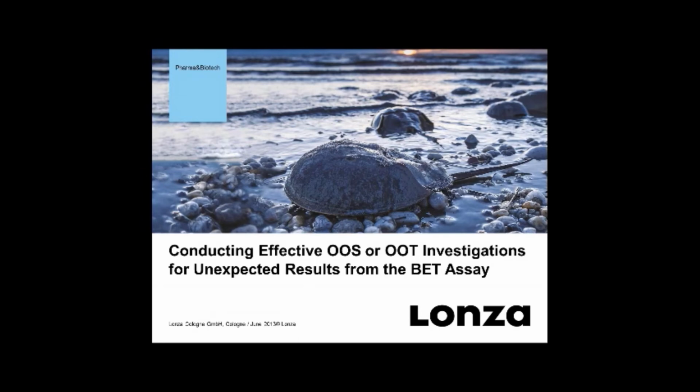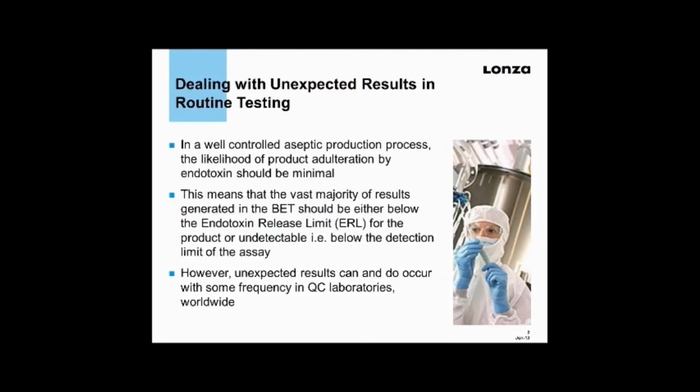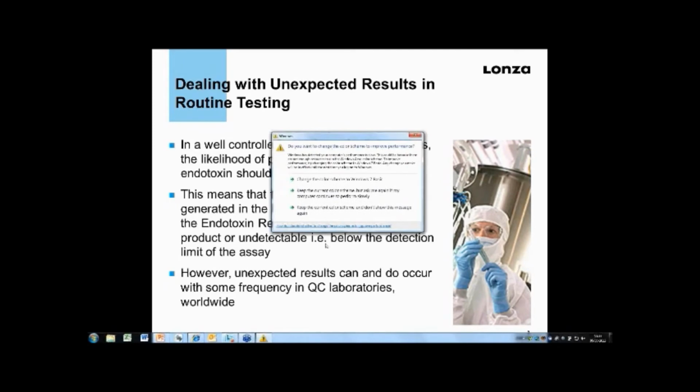Of course, in a well-controlled aseptic production process, it's not all that likely that we should get endotoxin in our product. So the majority of results generated in the assay should be below the endotoxin release limit or undetectable. However, some unexpected results can and do occur with some frequency, and the term unexpected can cover a number of instances.